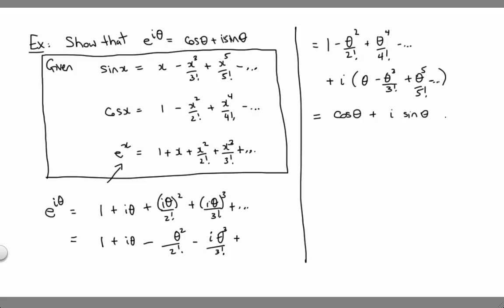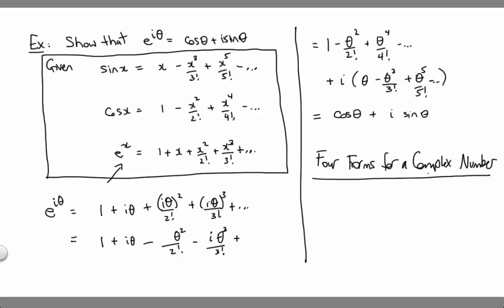What that does for us is it gives us a few different ways of writing down complex numbers. There are actually 4 commonly used forms for a complex number. So let's talk briefly about those. The rectangular form was our first one, where we said z equals a plus bi.